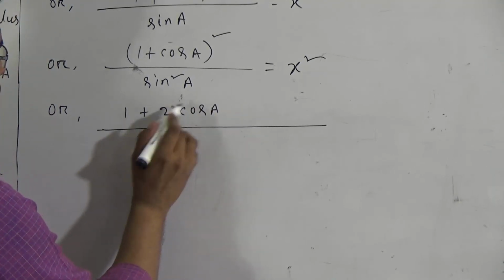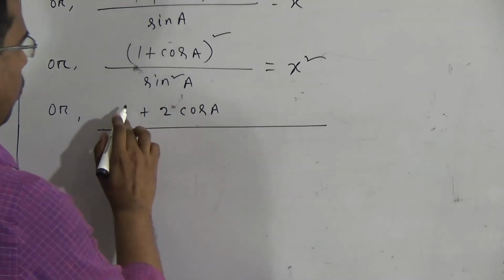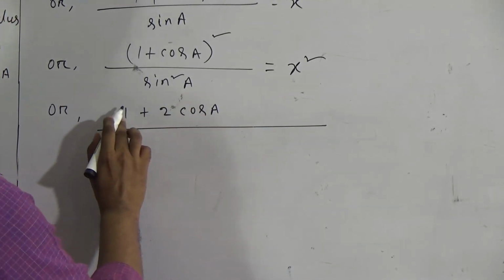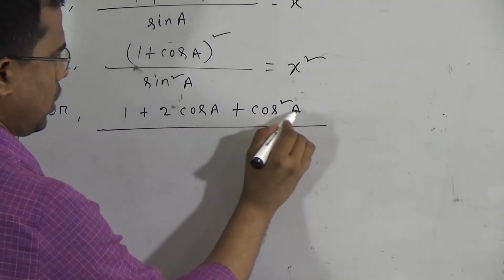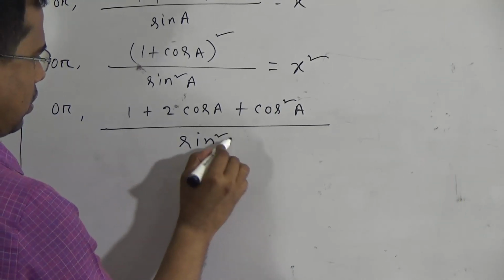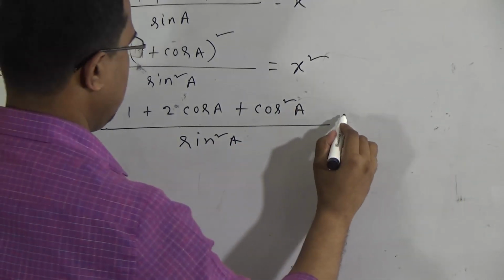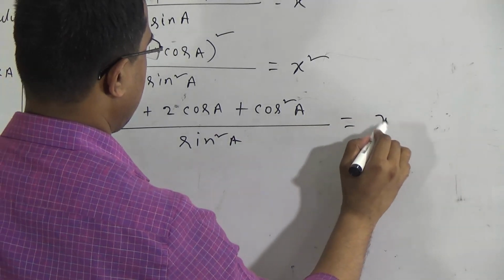If we write 2 into 1 into cos A, then we easily write only 2 cos A, and 1 square means 1, so a square plus 2ab plus b square divided by sin square A, and this is equal to x square.